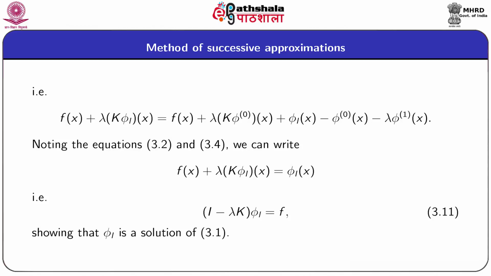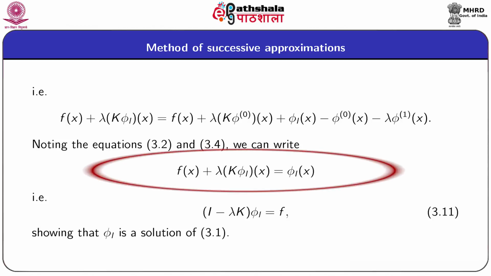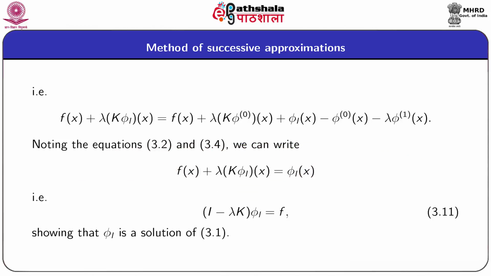Now, this phi superscript naught x from relation 3.2, we know that this is equal to f x. So, this term cancels with this term, and lambda K phi superscript naught x is equal to lambda into phi superscript 1 x, as is evident from equation 3.4.